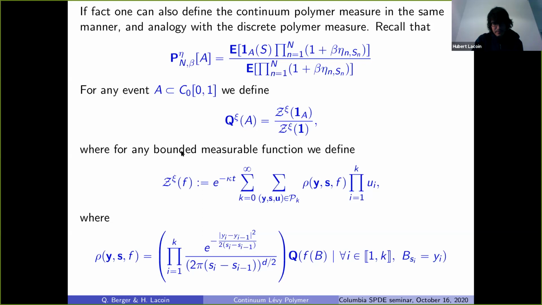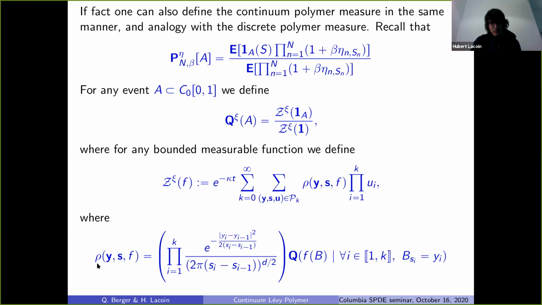Okay. And in order to find the partition function, a reasonable definition for the partition function associated to a measurable function is, well, we'll do the same thing as before. We sum over all finite collections of points with time coordinate between 0 and 1, because I'm looking at the continuum model with time horizon 1. And then I take the product of the intensities and I multiply by some heat kernel as well.